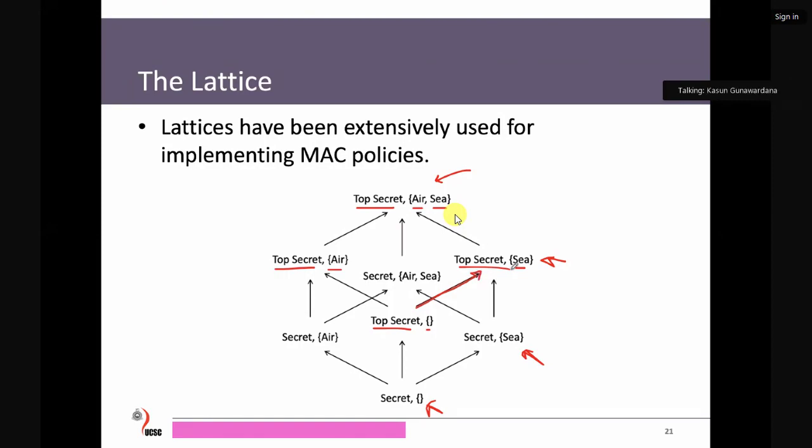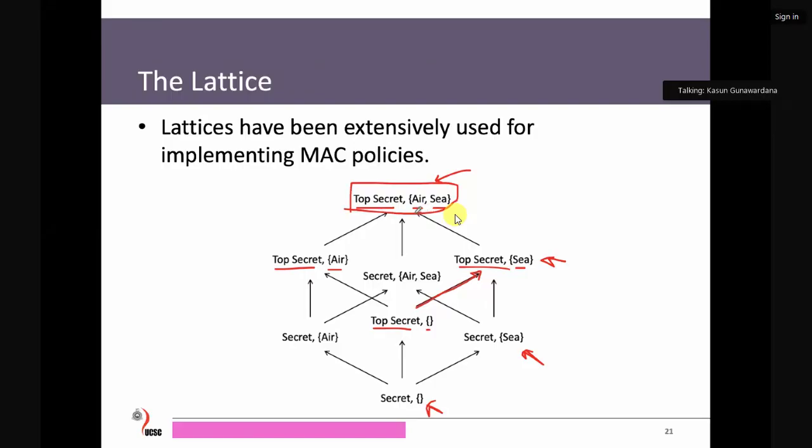And top secret C is inferior to top secret A and C, which means if we are given top secret A and C clearance, then we can access any resource or data which is inferior to that.